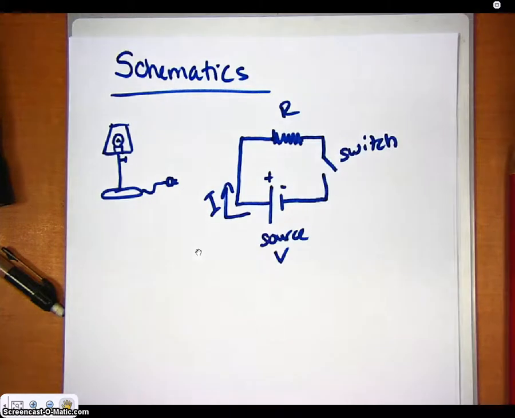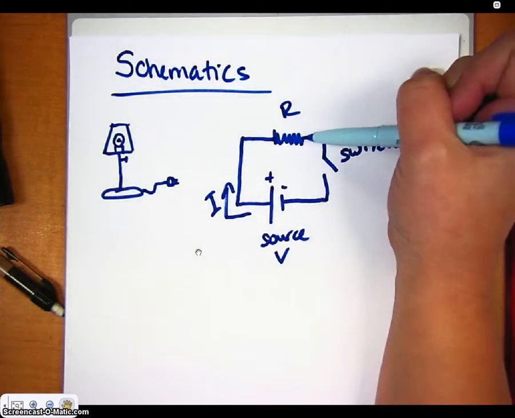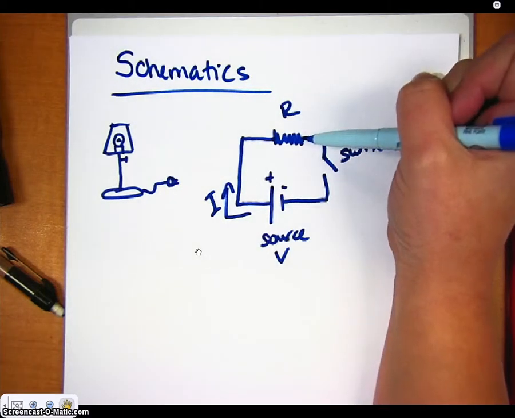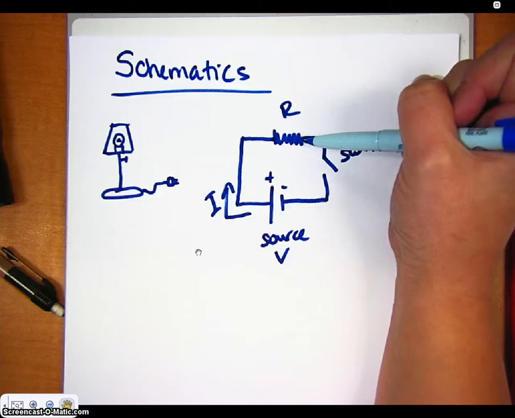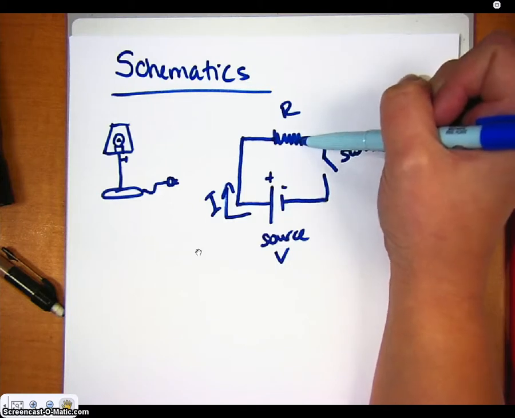So when we build electrical equipment, there are two different ways to organize resistors. One way we can decrease the current and therefore decrease the amount of energy, or we can increase the current and therefore increase the amount of energy coming through.